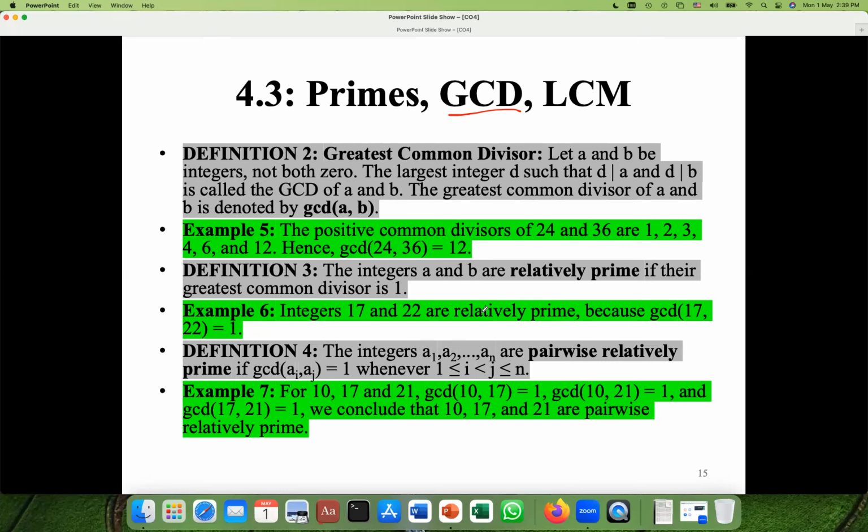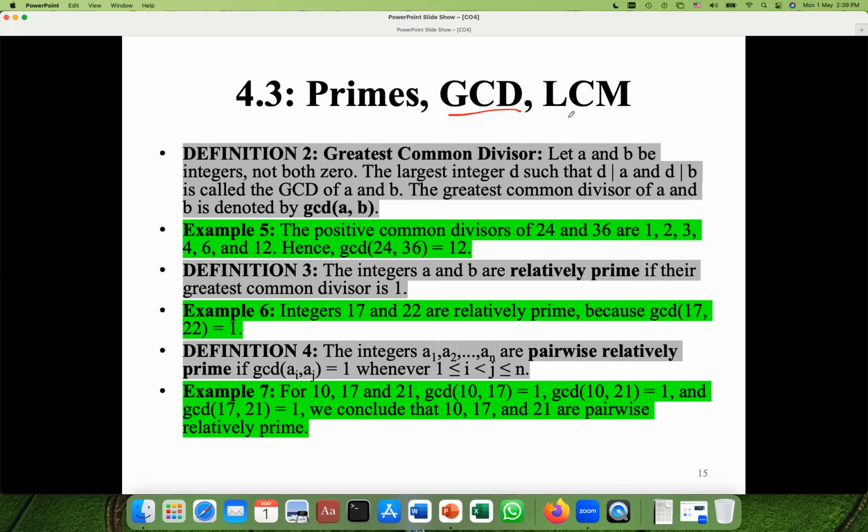Otherwise, there are many other possibilities, but it would be greatest. That is the normal definition that we have seen from our early childhood classes.